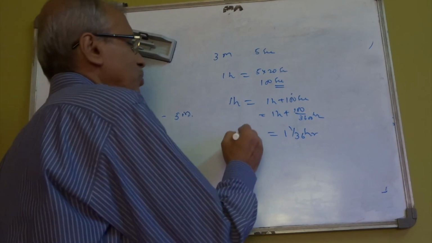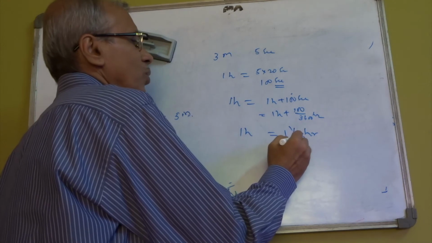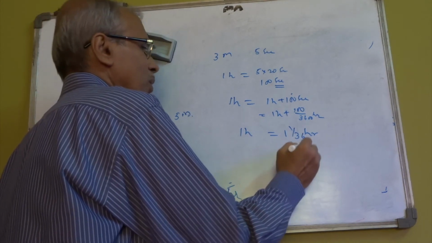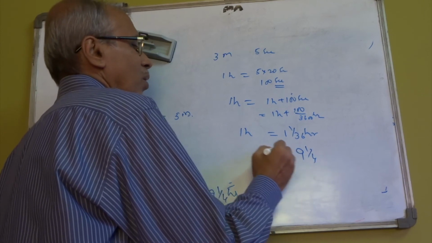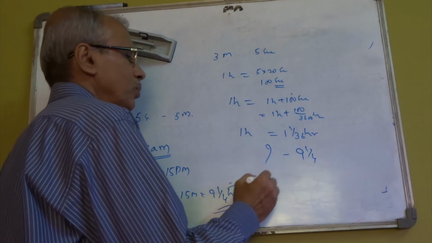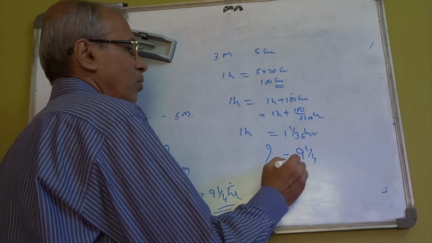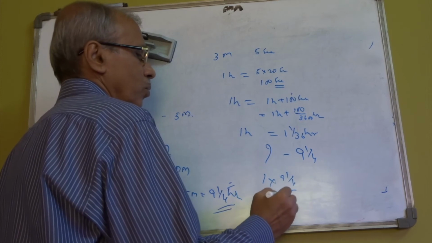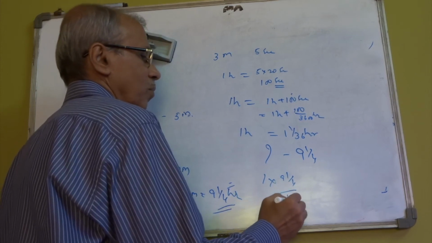So when it is actually 1 hour, this clock is showing 1 1/36 hours. But now it is showing 9 1/4 hours. How much is that? 1 into 9 1/4 divided by 1 1/36.